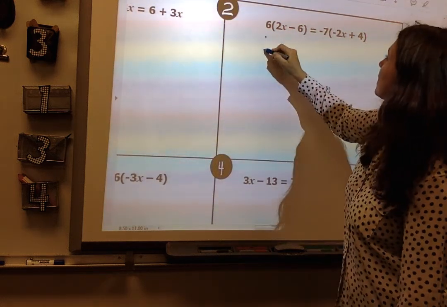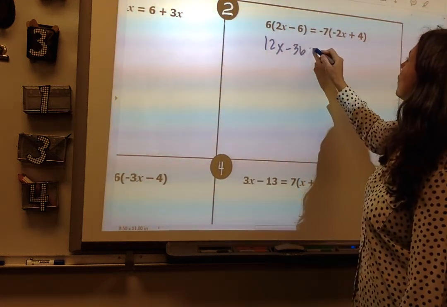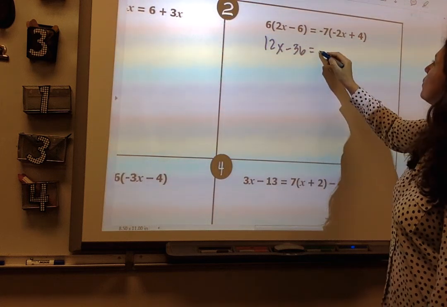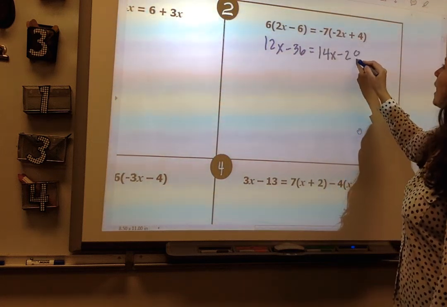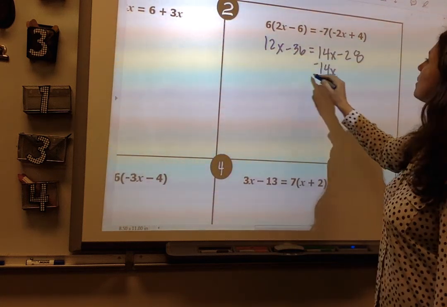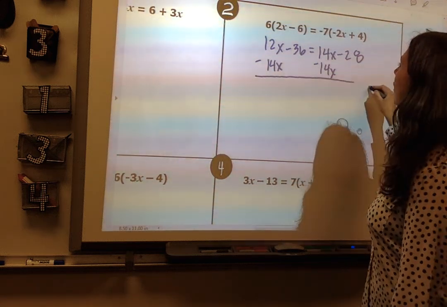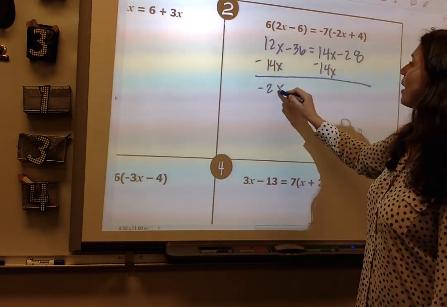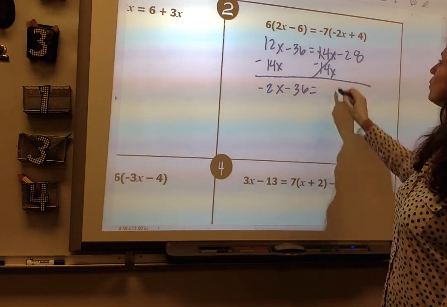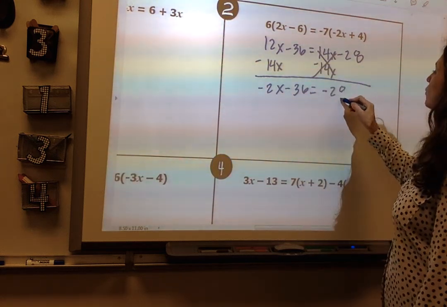So I distribute my 6, and I get 12x minus 36 equals 14x minus 28. Subtract 14x on both sides. Now I'm left with negative 2x minus 36 equals negative 28, since my variable terms canceled out on the right.